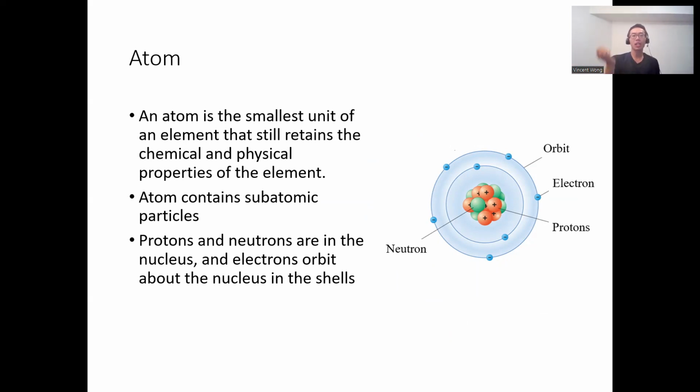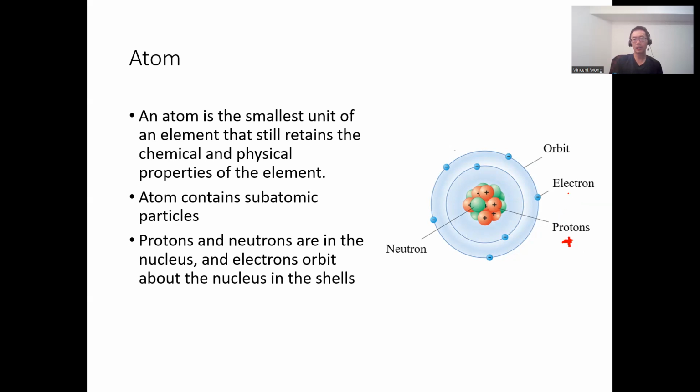The smallest unit of an element is an atom. I'm sure you learned about atoms already in chemistry class, but here is a typical atom. You would have a nucleus in the center, and there are subatomic particles. These are things that build up an atom. We have the protons, which are positively charged, P for positive and P for proton.